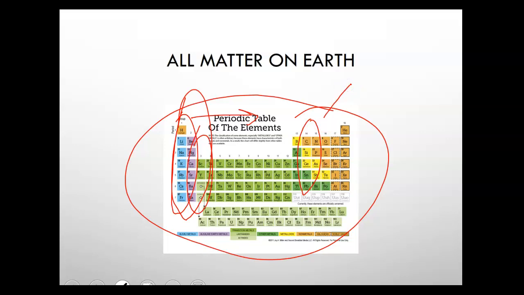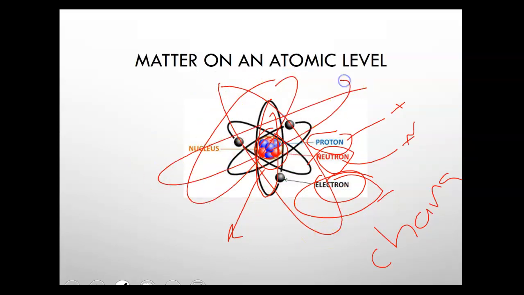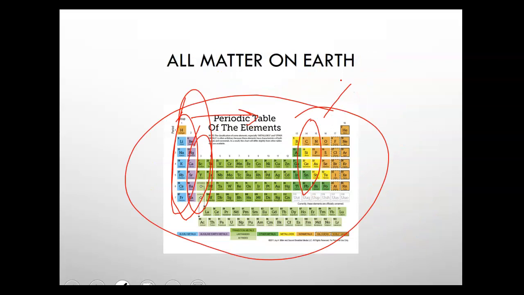So if we go back in here, these are the orbits. And you can have more electrons orbiting here and here and here and so forth. So going further, this is the carbon atom here, and this is helium and hydrogen.